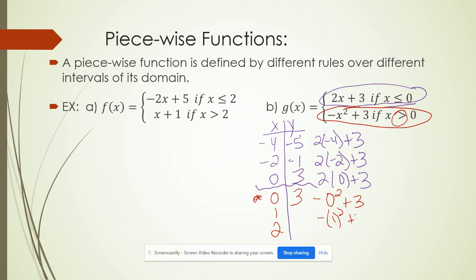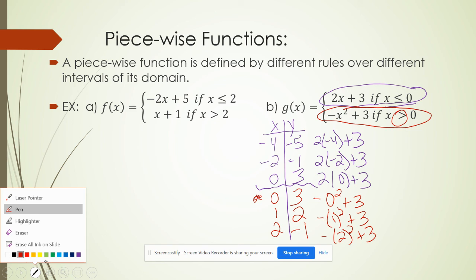Negative 1 squared plus 3. 1 squared is 1. That's -1 because of the negative on the outside. Plus 3 is 2. And then negative 2 squared plus 3. 2 squared is 4. Make it negative. And then -4 plus 3 is -1.